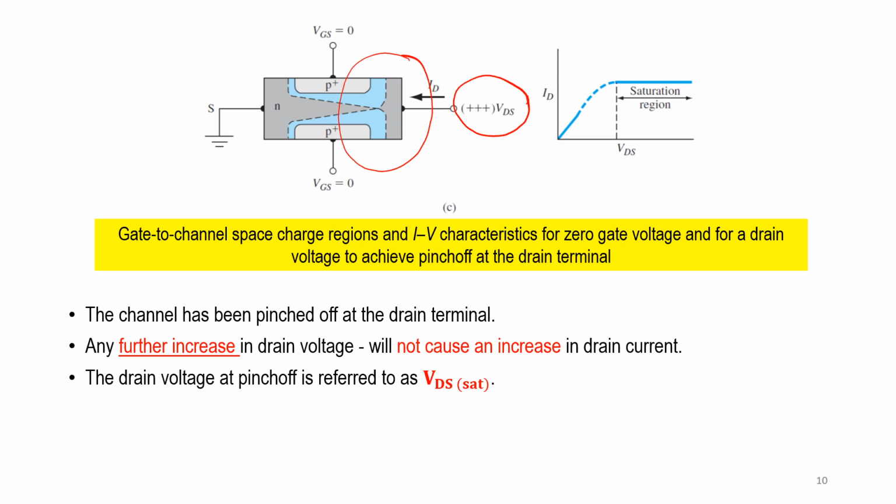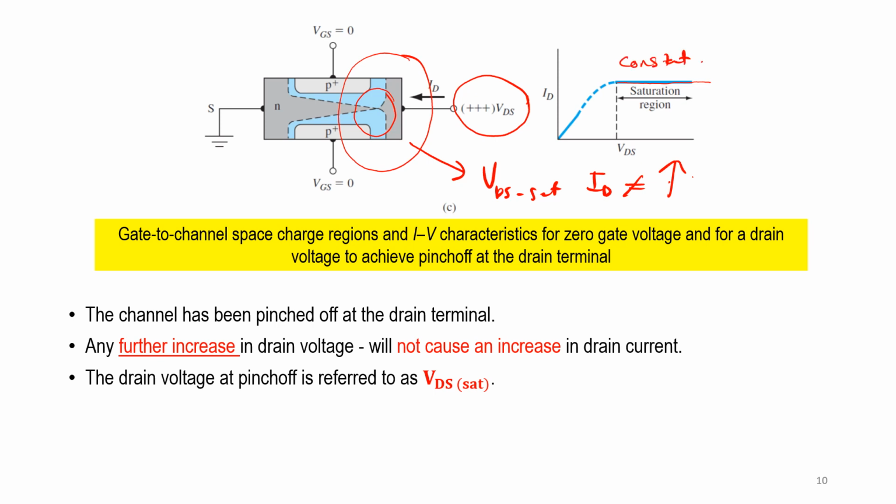When this happens, pinch-off occurs, and at this particular point we refer to it as the VDS saturation point, in which ID will not be increasing, so it will be constant. It will not be decreasing, but constant.